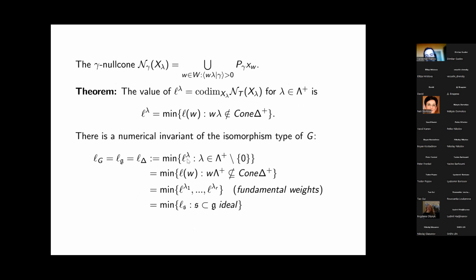So this is the minimum of all the L lambdas, and can be expressed in terms of lengths of Weil group elements: how many simple reflections we need to turn one lambda outside of the cone of the positive roots.